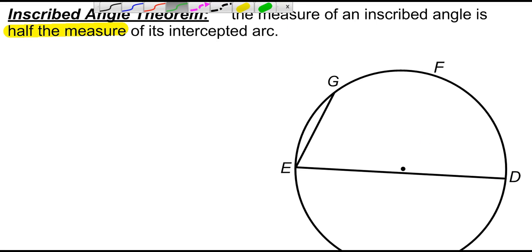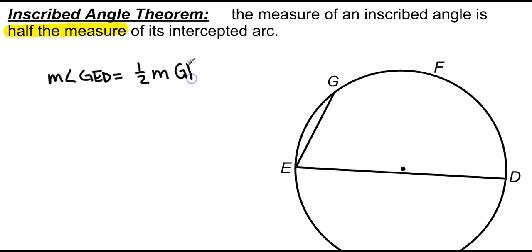What I know about this angle, the measure of angle GED, is that it is equal to one-half the measure of arc GD, because G and D are the endpoints and it projects to this arc that I'm tracing out right here.